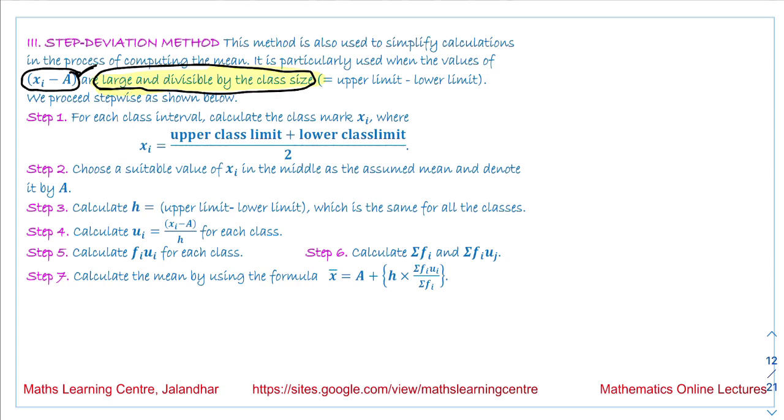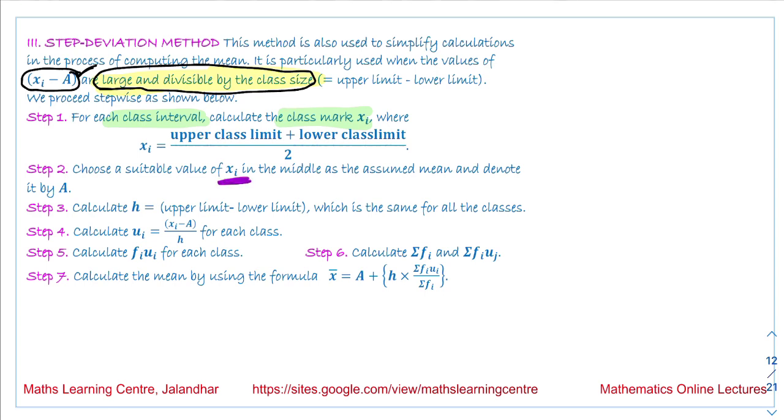So how we are going to solve with this method is, the first step is the same. The class intervals are given to us. Corresponding to these class intervals, we have to calculate the class marks using the formula upper limit plus lower class limit divided by 2. The second step is the same as in the assumed mean method.